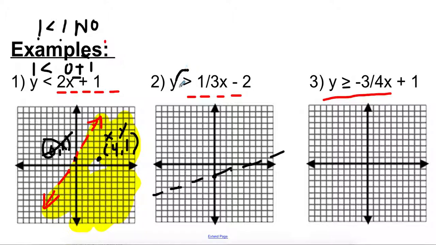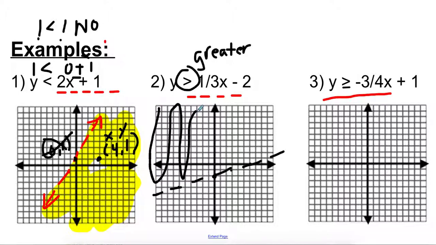And since this is greater than, we're going to start shading from above until we hit that line. So greater than means start above the line and shade this region right here. All right. Any point in this shaded region, when you plug it in, would give you a y value that is greater than whatever you get when you evaluate the right side.